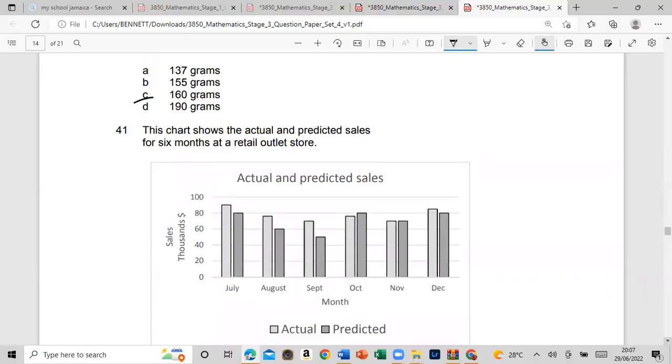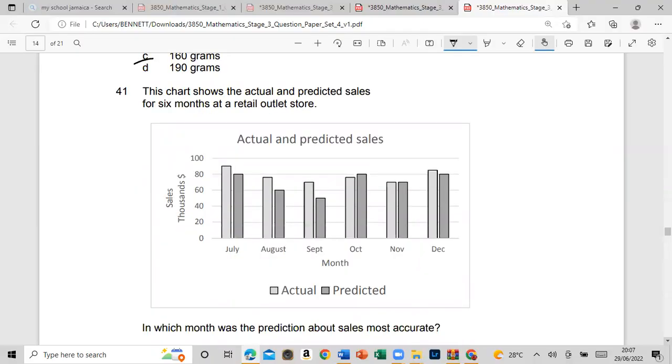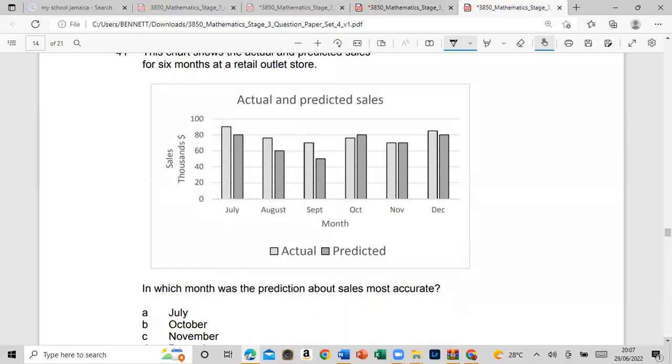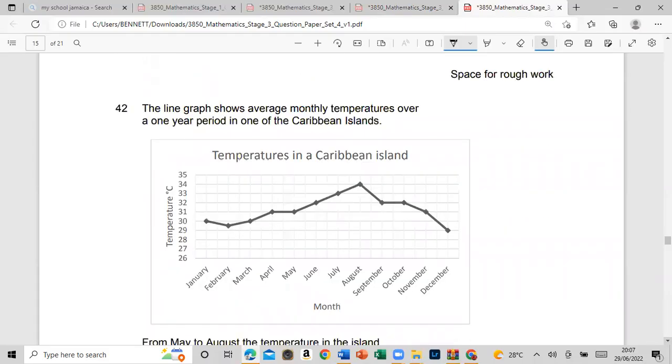41. The chart shows the actual and predicted sales for 6 months at a retail store. In which month was the prediction about the sales most accurate? It would be November. The diagram shows average monthly temperature over one period of the Caribbean islands. So we have January, February, March, April, May.